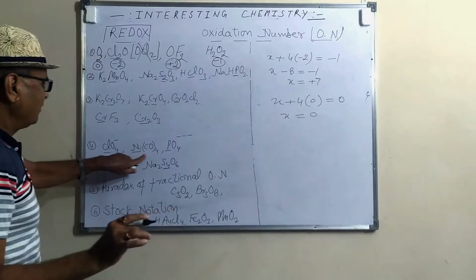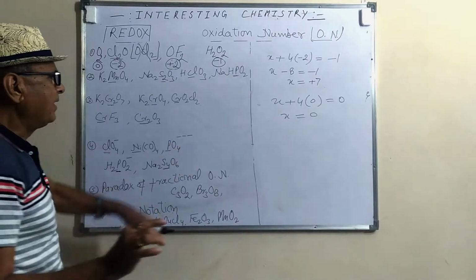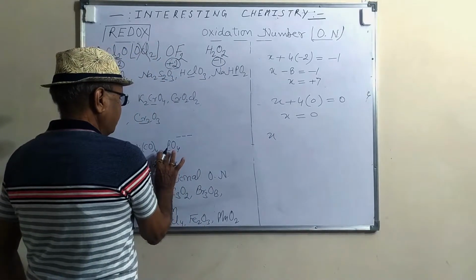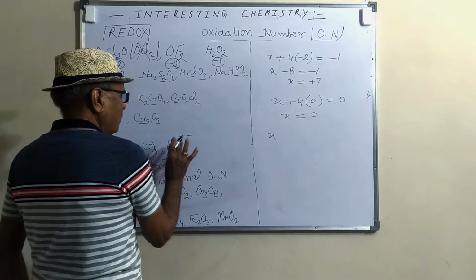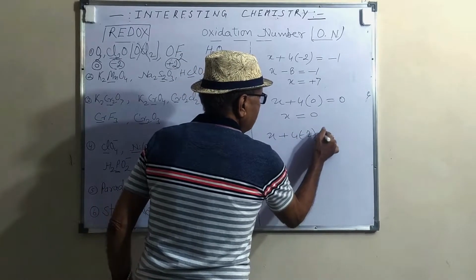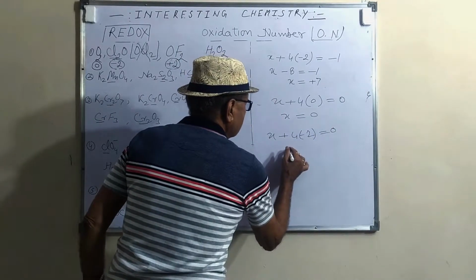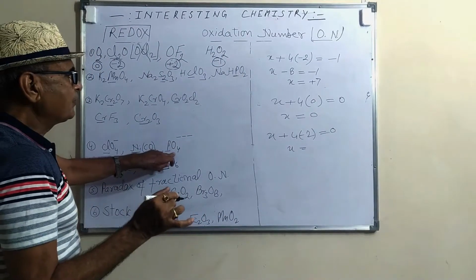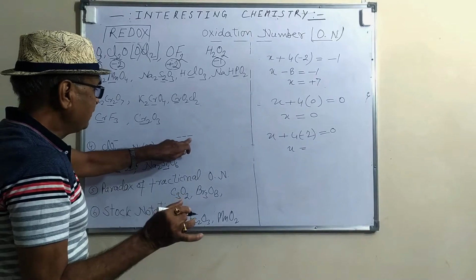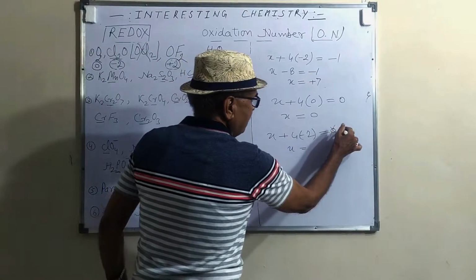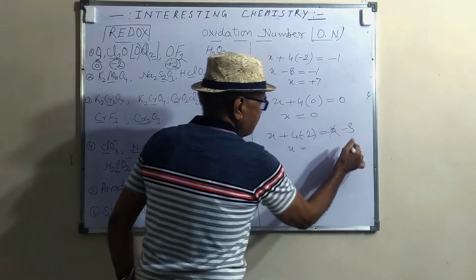Now PO4 triple negative: the oxidation number of P is X and O is 4 into -2. Oh, sorry, there are 3 negative charges. If you write 0, then it is wrong; you will have to write -3.